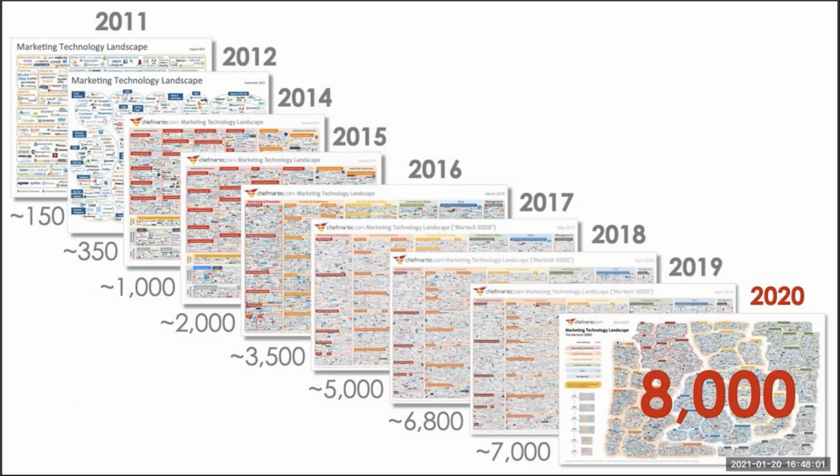Today, as they've tracked it out to 2020, there are about 8,000 tools. If you do the math, that's around a 5,000% increase in the number of tools you could select today versus 2011. It is a massive increase in the complexity of the landscape when I want to identify and solve some of these issues that I just went through.